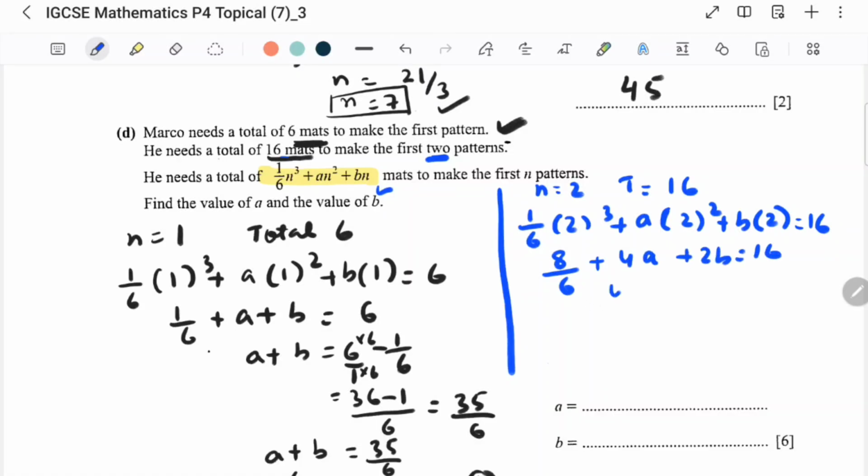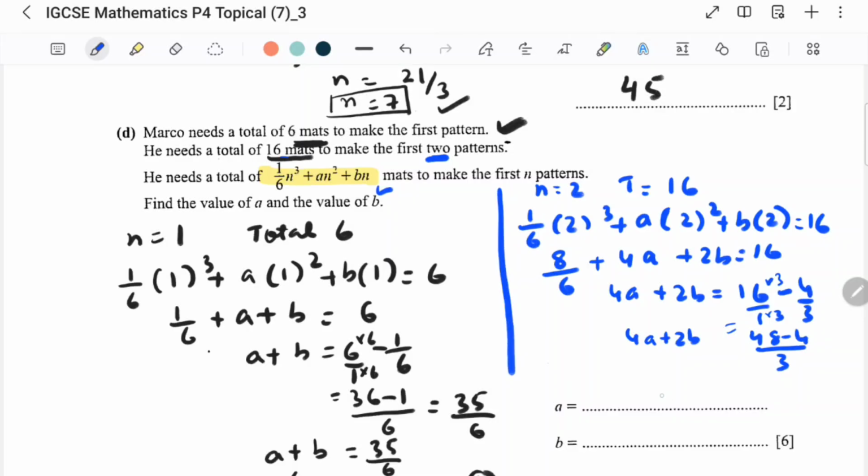So 4a plus 2b plus 4 over 3 is equal to 16. Now you multiply both sides by 3. So that becomes 48 minus 4, which is 44, equal to 12a plus 6b, multiplying 4a plus 2b by 3.